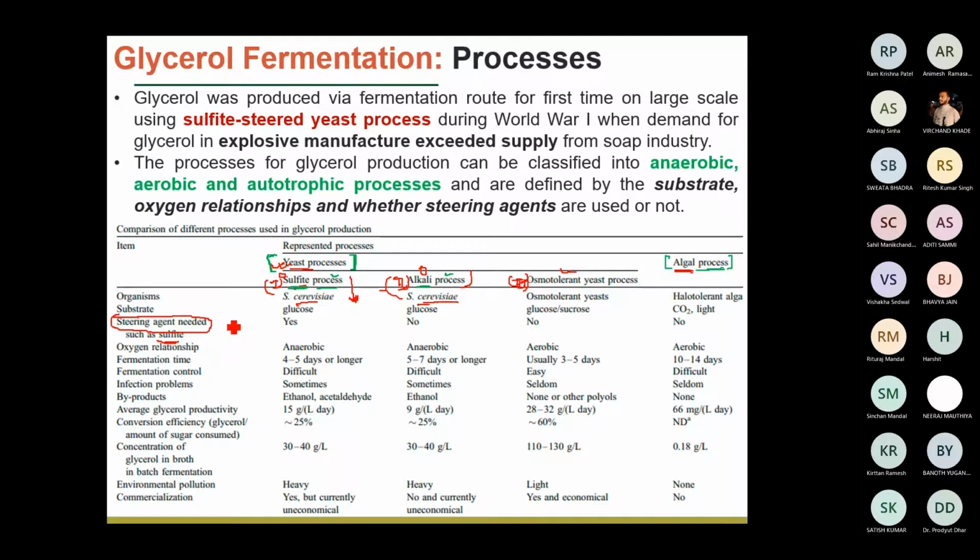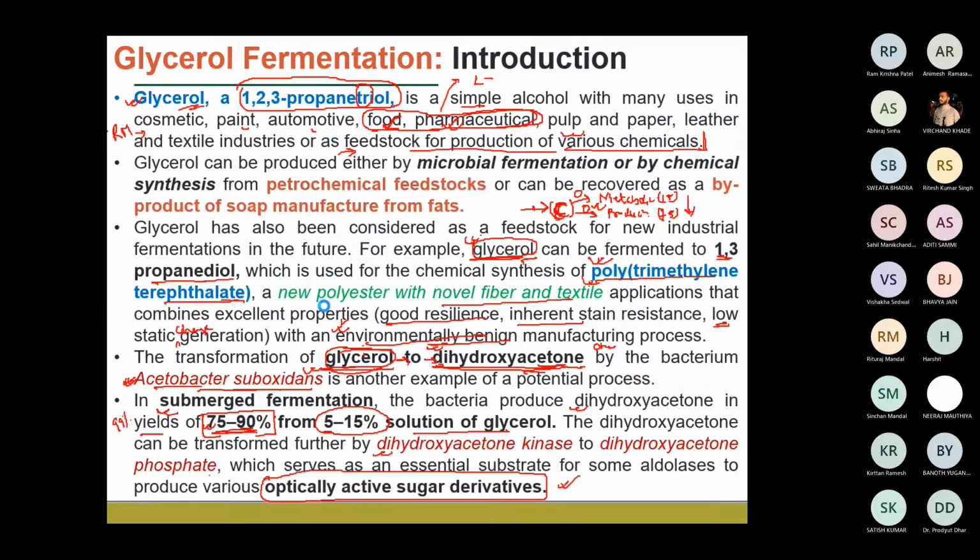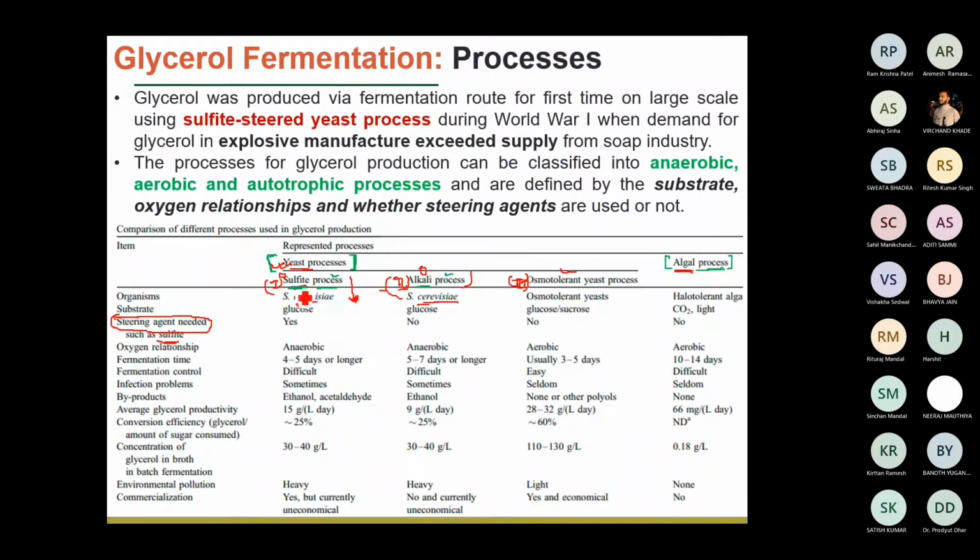Either if you would like to have a forward or a backward reaction, the steering agents are added so that your desired biochemical intermediate products can be produced. This is a very basic understanding that everyone should know: sulfite or alkali are the two most used steering agents. This is called the sulfite process.